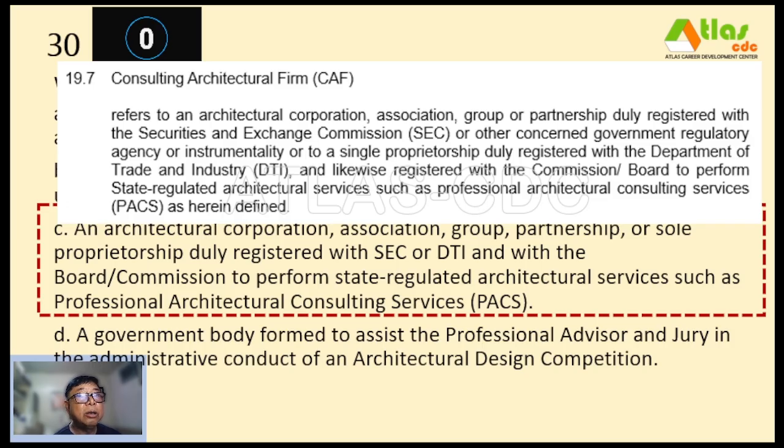Architectural corporation, association, group, or partnership duly registered with the SEC or other government regulatory agency or instrumentality, or to a single proprietorship duly registered with the DTI and likewise registered with the Commission or Board or PRC, PRBoA, to perform state-regulated architectural services such as the PACS.